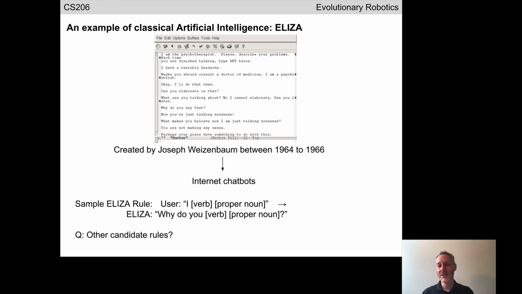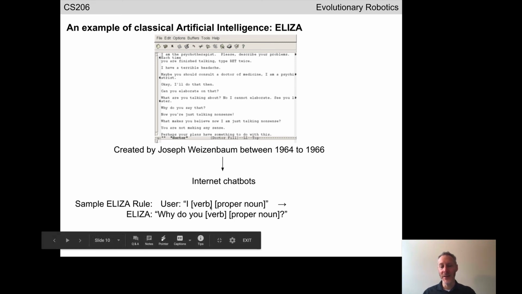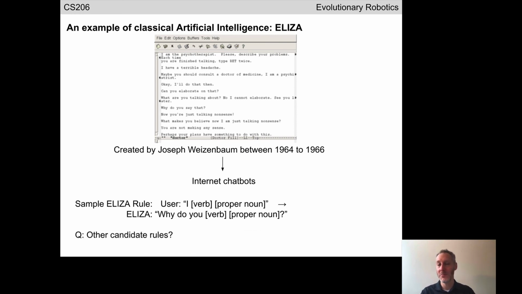She is surprisingly good at English conversation, or at least acting as a virtual psychotherapist. If you type in, I'm having a problem with a given family member, Eliza will come back with, why do you think you have a problem with a given family member?